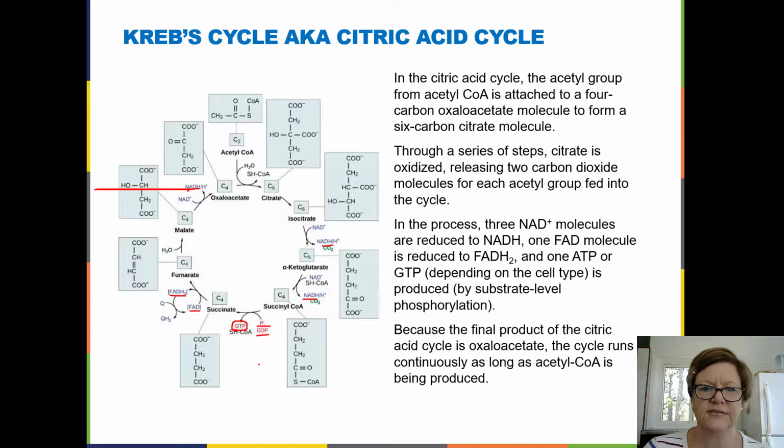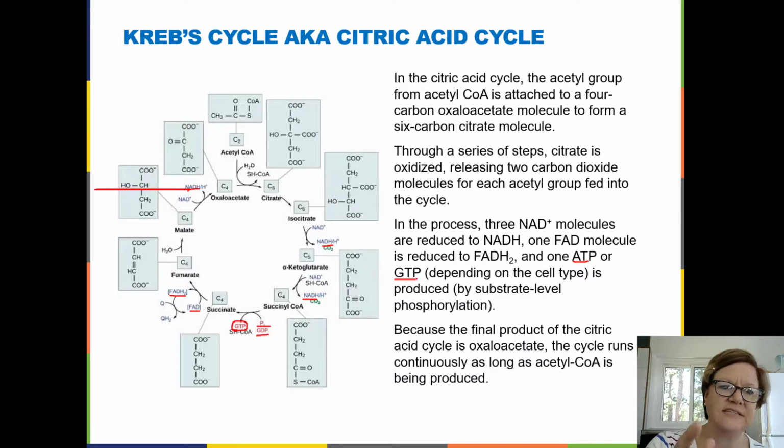So GTP is another kind of energy molecule, just like ATP. We talk a lot about ATP in freshman biology, but GTP is equivalent. So either one of them can be energy molecules. All right, sometimes it's an ATP that's produced, sometimes it's a GTP. We usually summarize it as an ATP just to simplify.